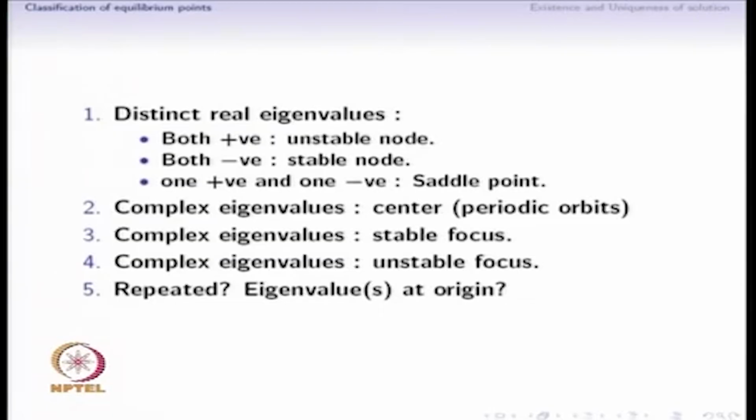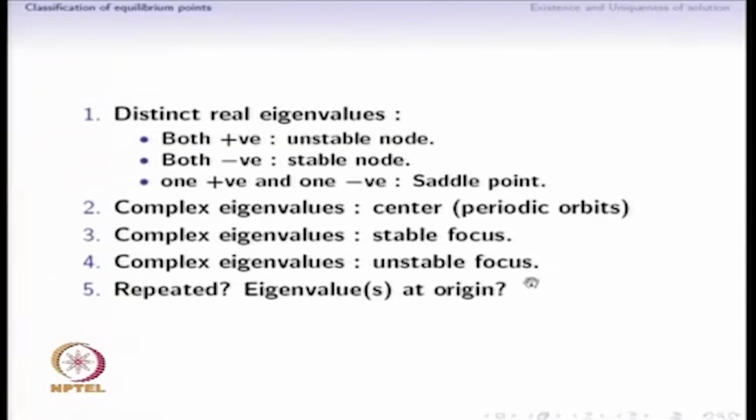This is the one that corresponds to periodic orbits, and we will have a continuum of periodic orbits. When the real part is negative, we call it a stable focus, and when the real part is positive, we call it an unstable focus. So whether it is stable or unstable depends on the real part of the complex eigenvalues.